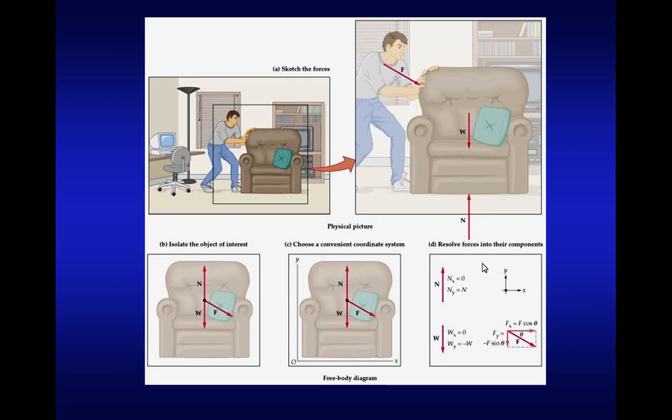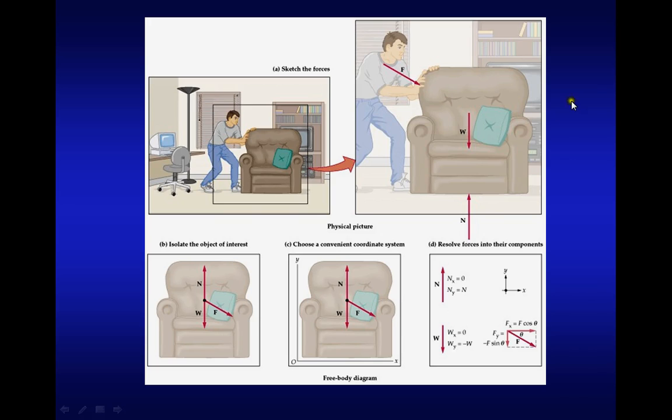Another situation is, say you're trying to move a large chair across the floor. If you push the chair purely horizontally, that would be one situation. But in this case, the force isn't purely horizontal. Part of the force is directed down in the negative y-axis, and part of the force is forward in the positive x-axis.